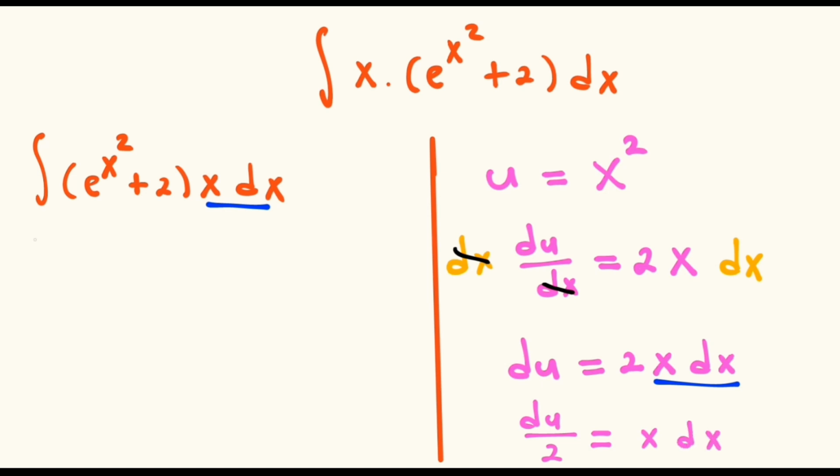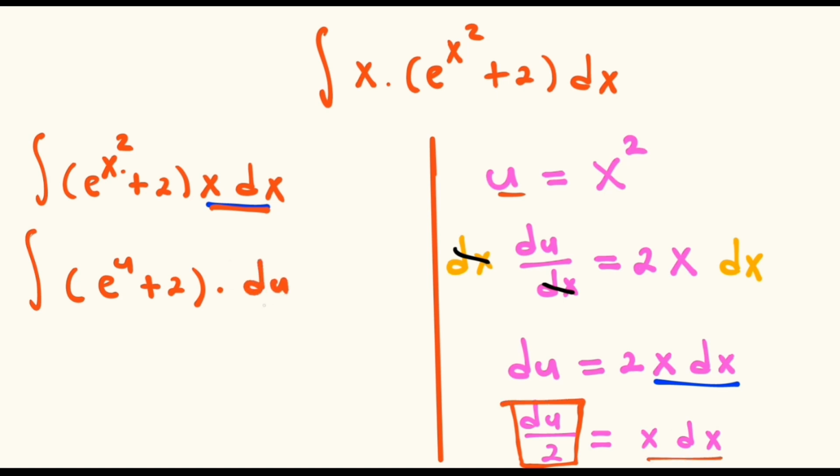So we have the integral of e raised to the power x squared, but in the place of the x squared we substitute u plus 2, and in the place of the x dx we substitute the du divided by 2 because it's equal to the x dx.